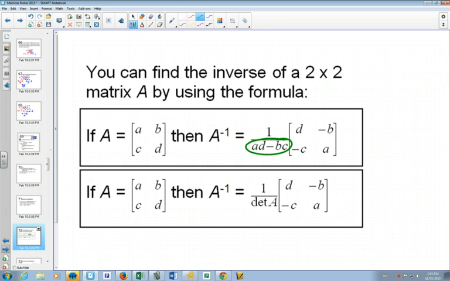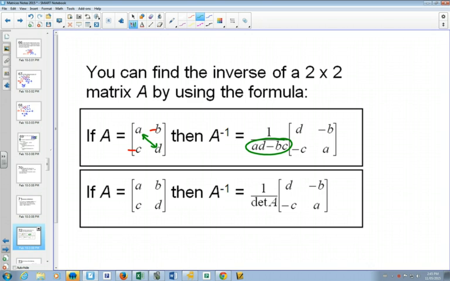Then what happens? What do we notice? These two, you see that those two switch? The A and the D get switched, and the B and the C get a negative. So you're going to do 1 over the determinant, switch the A and the D, switch one diagonal, make the other diagonal negative.